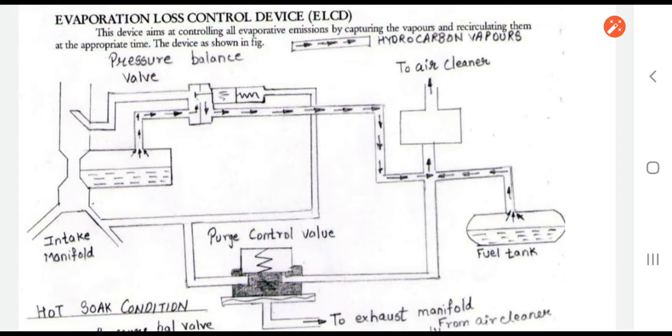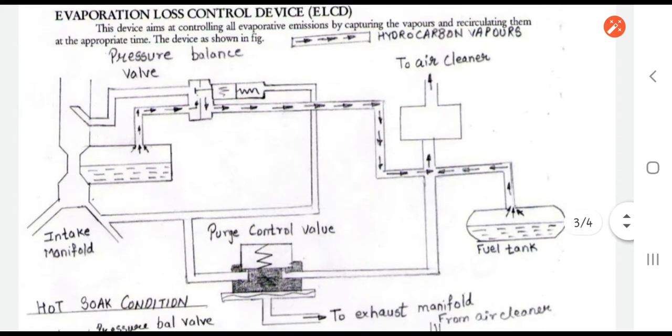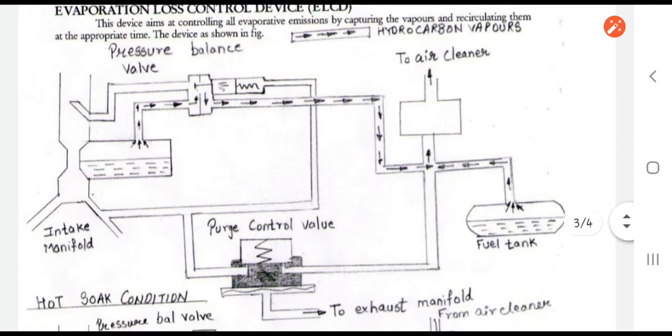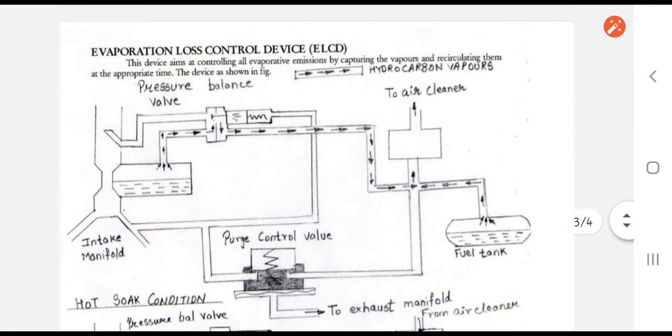There are different elements like the fuel tank, the fuel pump, and in some vehicles carburetors, where fuel circulates, and because of the temperature there will be chances of evaporation, and because of the evaporation there will be different types of evaporative loss.